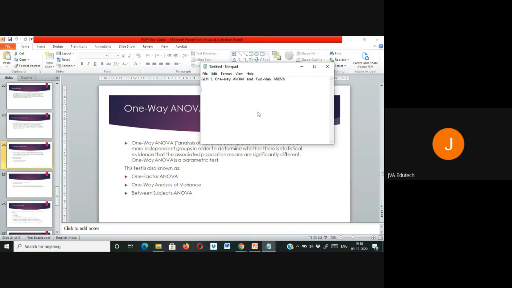However, in the two-way ANOVA case, if you have more than one independent variable, then two-way ANOVA will be there. And we have GLM2, which is ANCOVA. Then we have GLM3, which is factorial ANOVA.